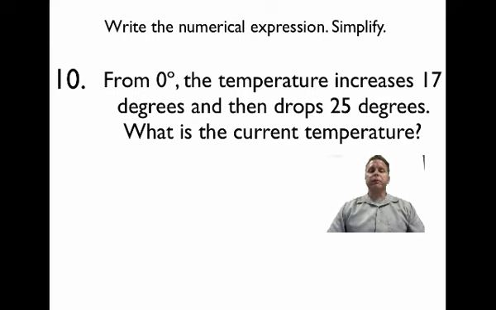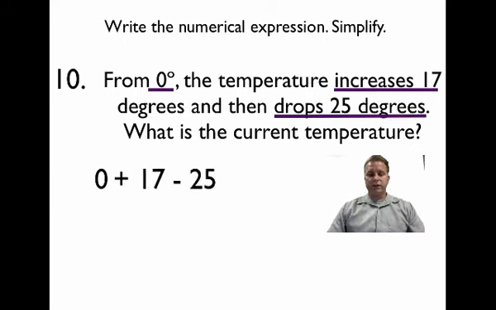All right, so from 0 degrees, the temperature increases 17 degrees. So where do we start? We start from 0. I know most of you want to ignore it, but especially with temperature, 0 is kind of an important thing. So we start with 0, we increase 17 degrees. So we add 17. Then we drop 25 degrees.